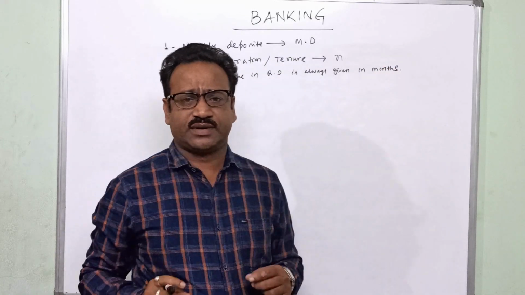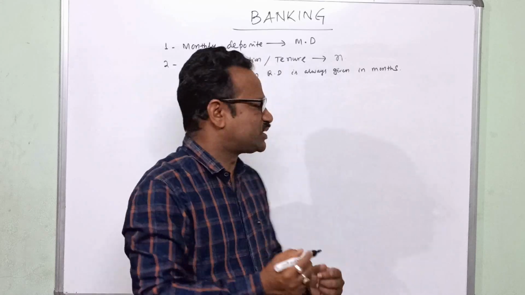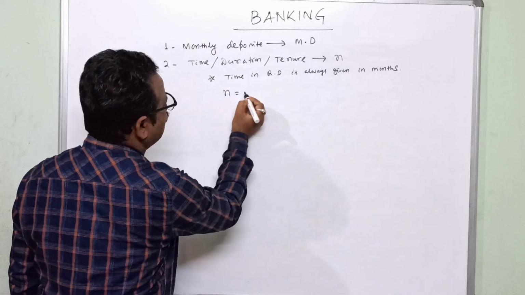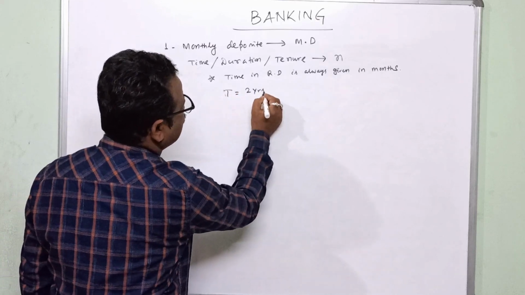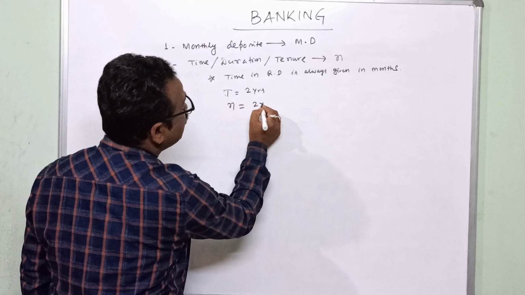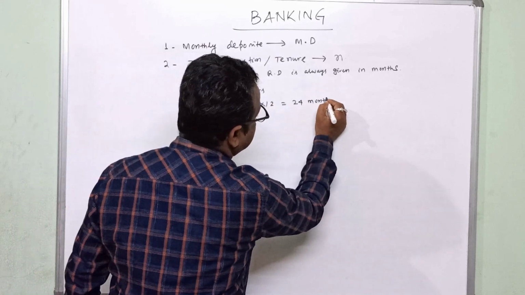Suppose in the question the time is not given in months, it is given in years. Let's say 2 years. Given t is equal to 2 years, then n is equal to 2 into 12, which is 24 months.